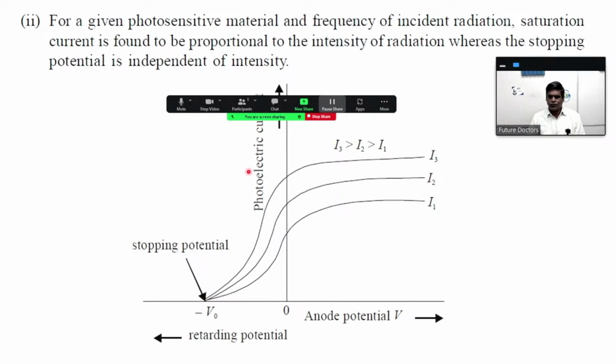If you plot a graph with photoelectric current along the y-axis and potential along the x-axis, then for a given intensity the curve is like this: for intensity I1, for I2 a second curve, I3 a third curve. Here I3 is greater than I2, which is greater than I1, but V0, that is the stopping potential, is constant.